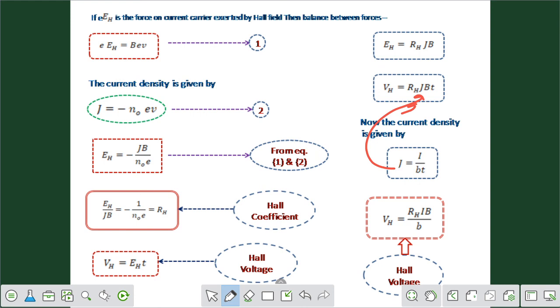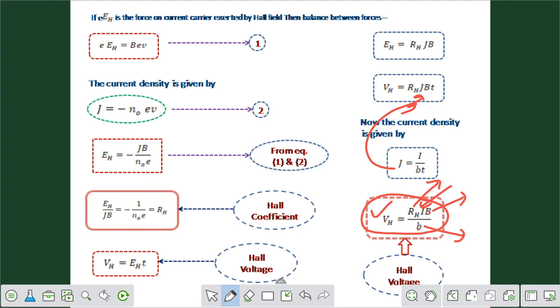So VH will be RH I B upon small b, and that formula is called the Hall voltage. In that formula, RH is the Hall coefficient, I is the current, B is the magnetic field, and small b is the distance between these plates. Got my point?